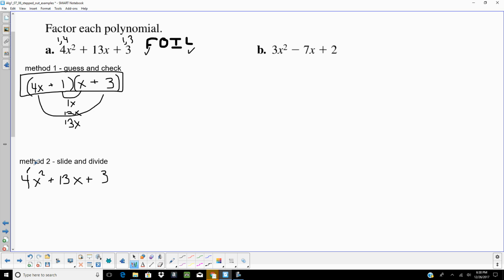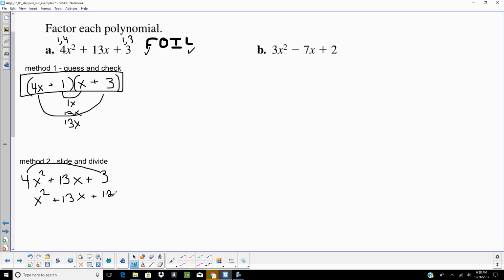I'm going to multiply 4 times 3, and when I get the 4 times 3, I get 12. So now I'm going to think of that as x squared plus 13x plus 12. And I'm going to factor that.